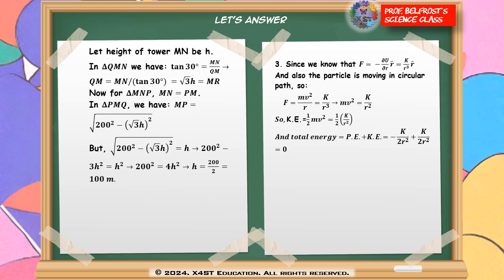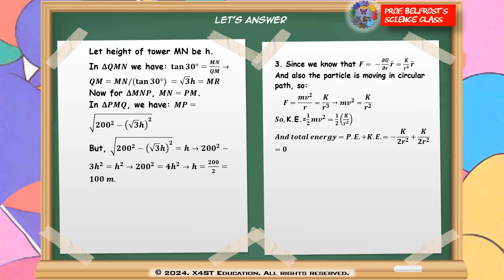Let the height of tower MN be h, and we look at the triangle QMN. We can obtain that tan 30 degrees is MN divided by QM, which gives QM equals MN divided by tan 30 degrees, and that brings us square root of 3 times h.